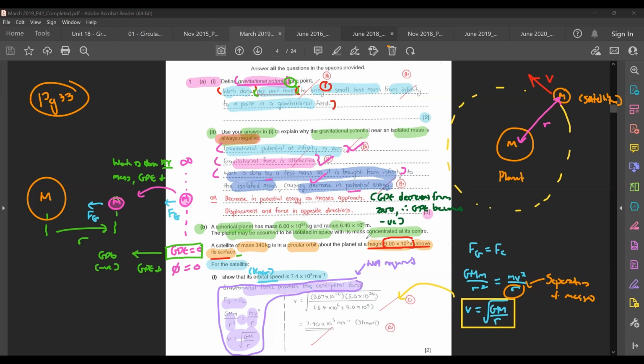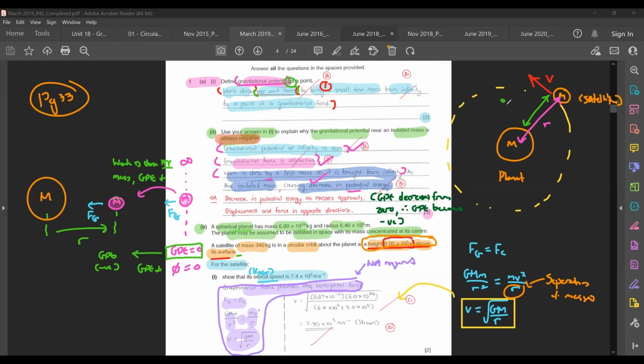But when you look at this question here, they told you this value of 9 times 10 power 5 meter is actually the height of the satellite above the surface. So you're talking about something like this. This is the height above the surface of your planet. This one is 9 times 10 power 5 meter.